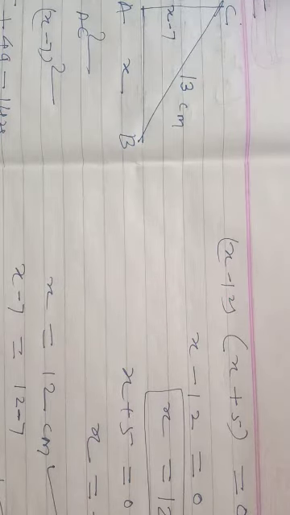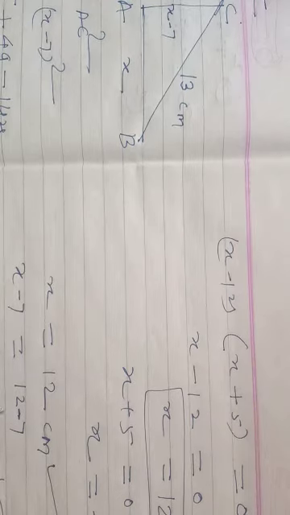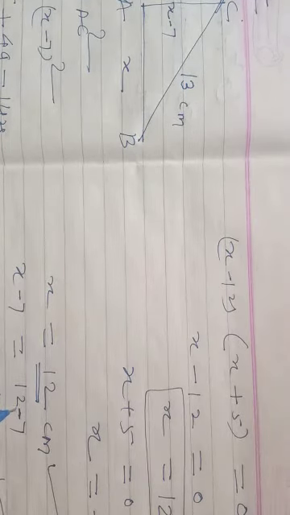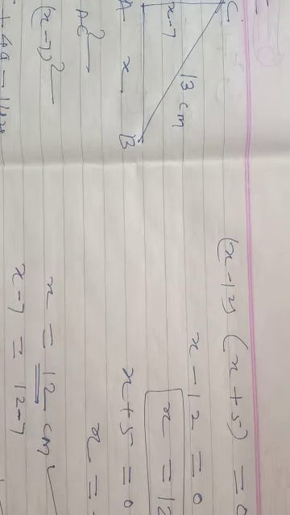The altitude is 7 less than its base, and definitely that is 7 less than its base, and your answer is complete.